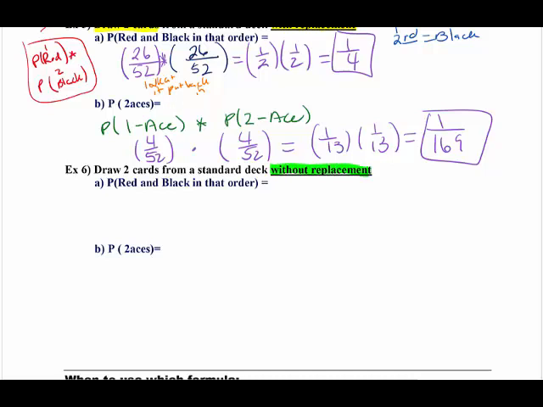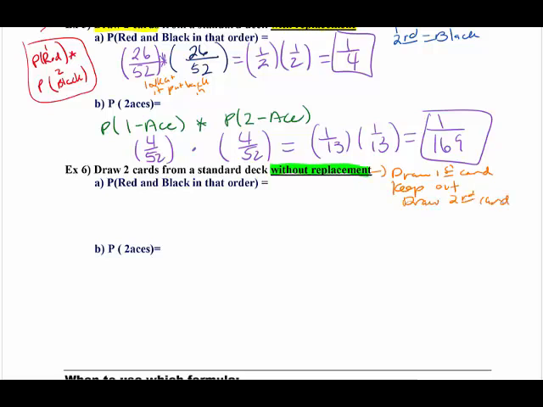Now normally on the test, you're not going to have both of these in the same problem. So you have to be careful and look for the key words. Homework, a lot of times in the beginning you will. So without replacement means you draw the first card, you keep it out, and then you draw the second card.